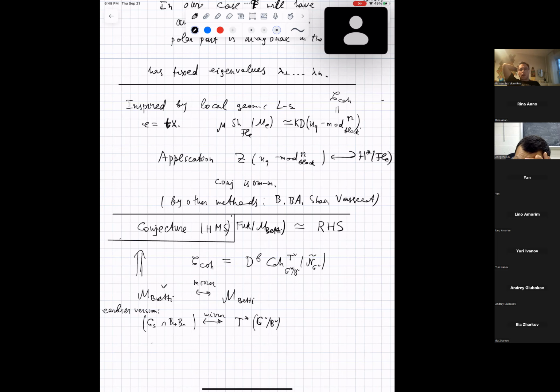That's basically what we are working with in any case. Yeah, supported on this Lagrangian skeleton.